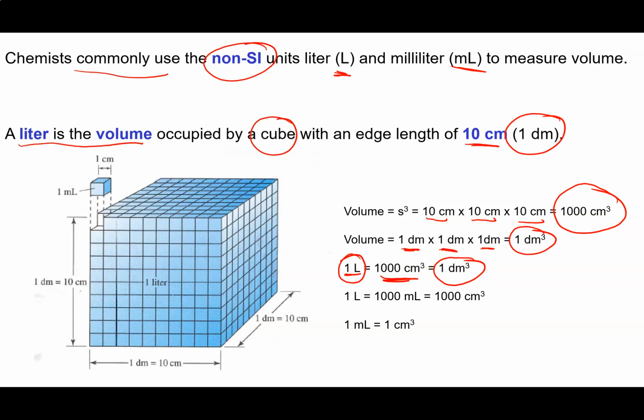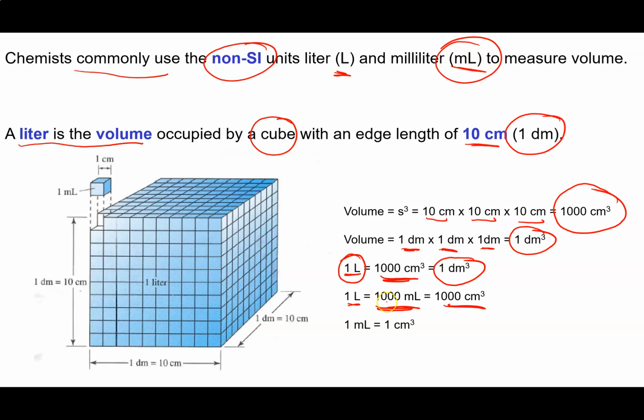Now, we did mention that chemists like to measure things in milliliters, so it's worth thinking about how big a milliliter is. Well, in 1 liter, there are 1,000 milliliters. And we also know that there are 1,000 centimeters cubed in a liter.